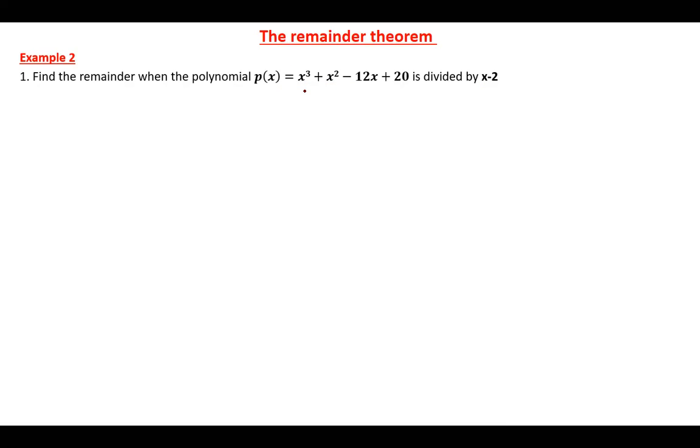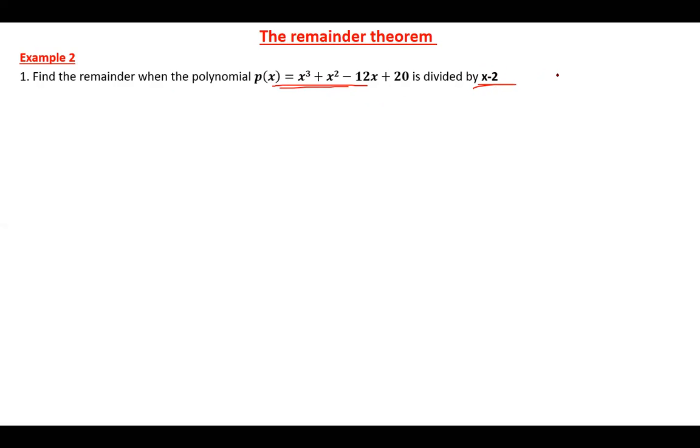Such questions are very simple and straightforward. What you do is you don't stress, you don't use long division, you don't use synthetic division. If you want, you can use them, but you just waste your time using those methods. The easiest way you can find the remainder is just by finding p of the value from this given expression.